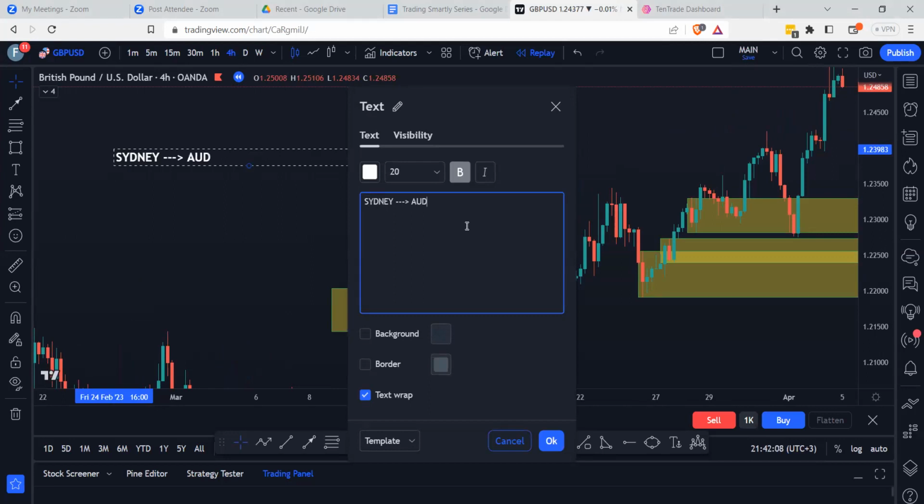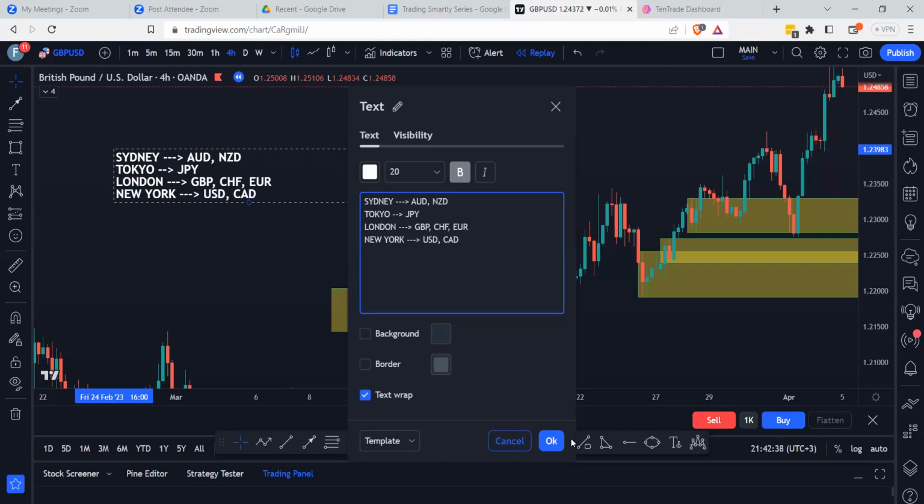We have AUD and NZD, right? Then we have Tokyo. Which currency do we have in Tokyo? JPY. We have London. Which currencies are active in the London session? You have the GBP, the CHF, and the Euro. Which currencies are active in the New York session? You have the USD, and then you have the CAD.